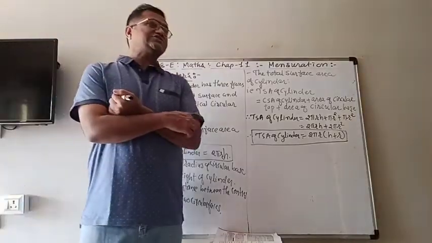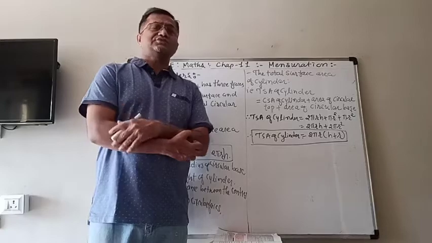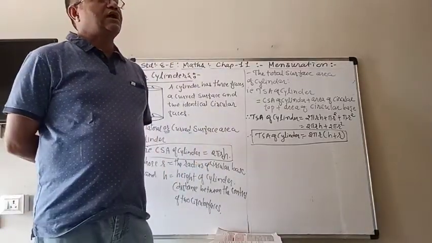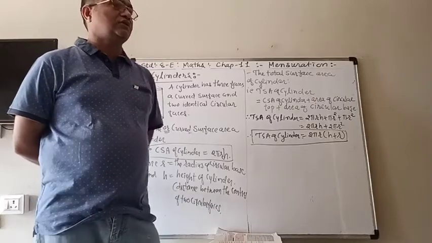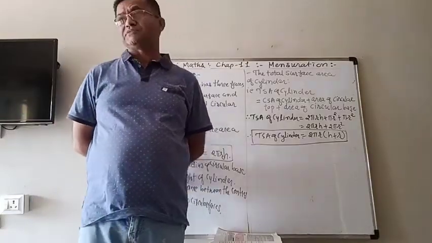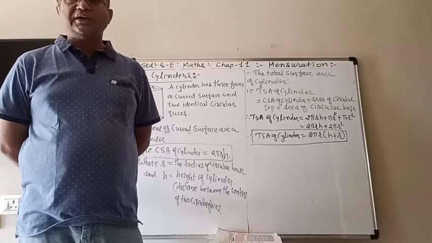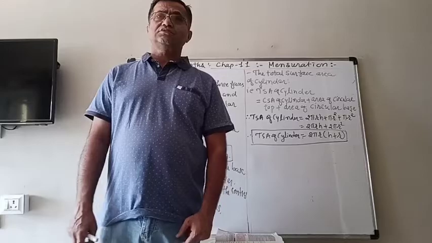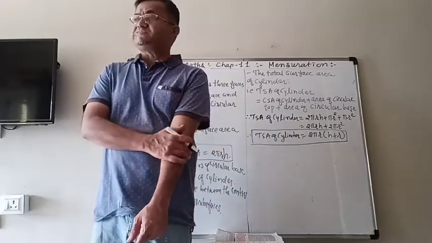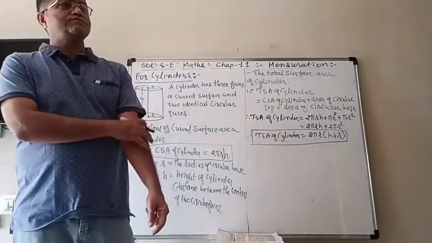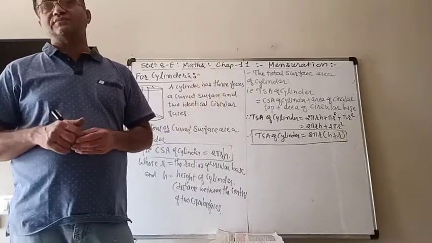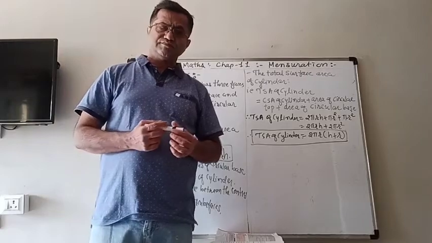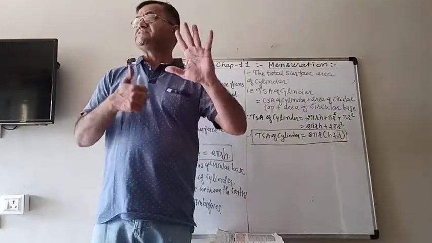In the last few videos, we talked about the surface areas of two solid shapes, that were cuboid and a cube. In those two solid shapes, we saw that they can have two types of surface areas. Cube and cuboid both have 6 surfaces.